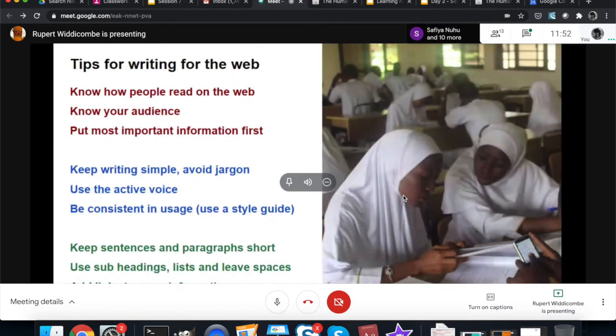Where is there too much detail? Are there too many words on the page? Is it too dense? Start to be almost like a critic of websites, and ask yourself what's working, what isn't, what do you like, what don't you like, and that will help you be more effective in creating good content for the website.